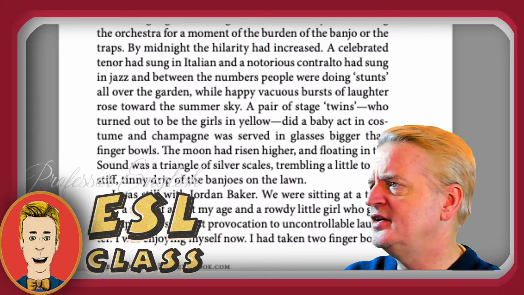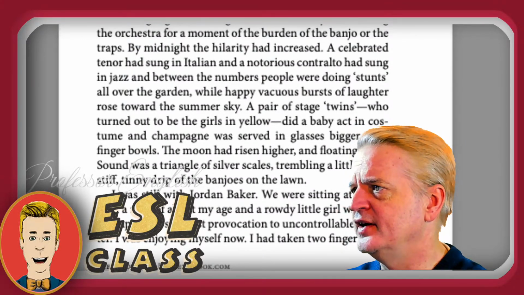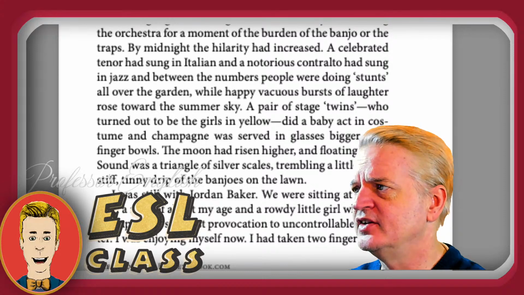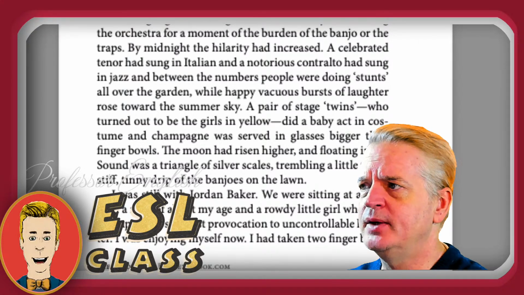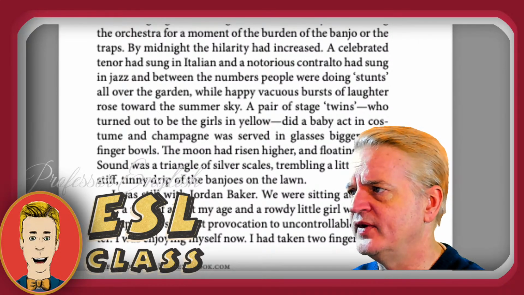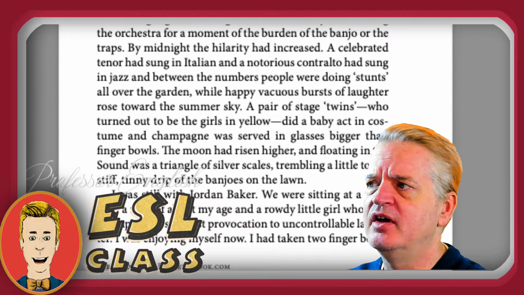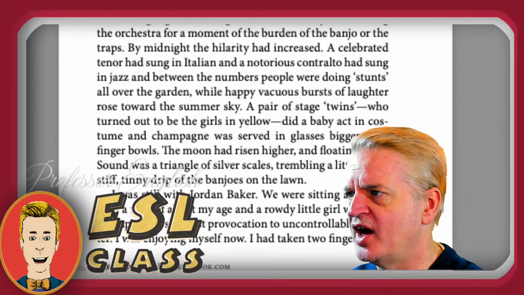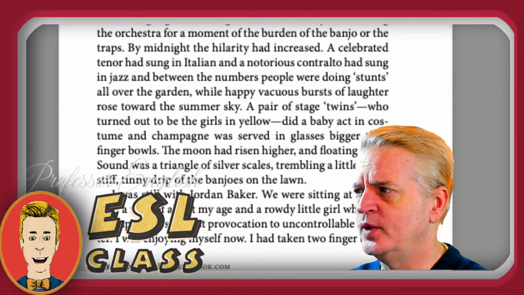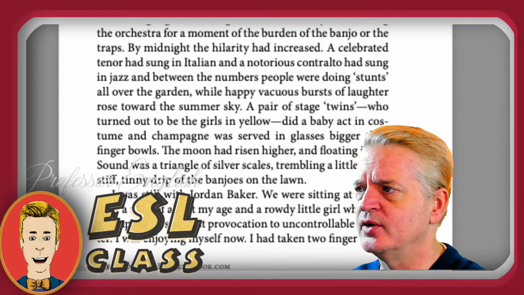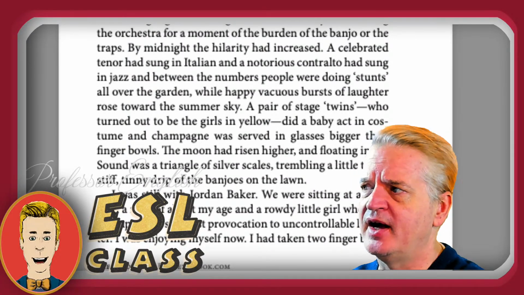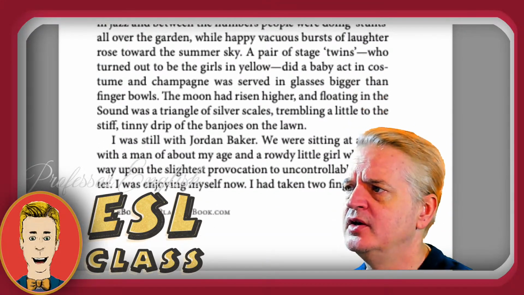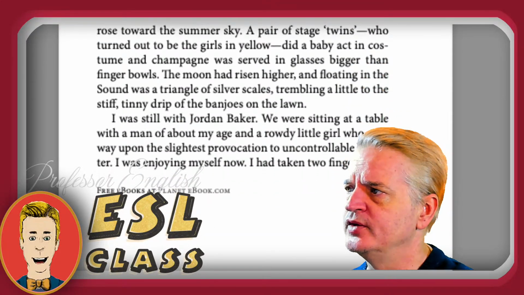A celebrated tenor had sung in Italian, and a notorious contralto had sung in jazz. And between the numbers people were doing stunts all over the garden, while happy, vacuous bursts of laughter rose toward the summer sky. A pair of stage twins, who turned out to be the girls in yellow, did a baby act in costume, and champagne was served in glasses bigger than finger bowls.